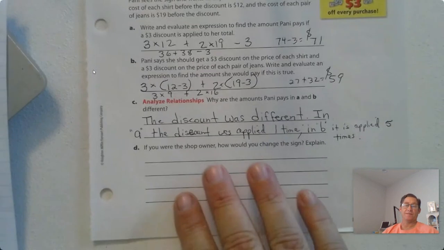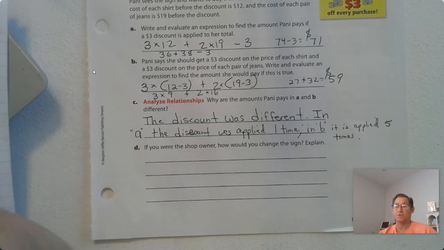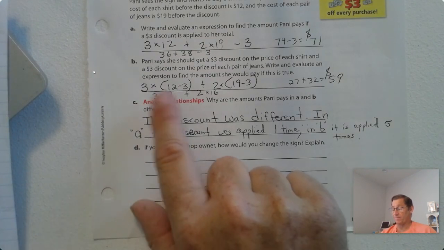All right. So in this case, the discounts were different, right? In A, she only took $3 off the entire purchase. In B, we took it off 5 times.